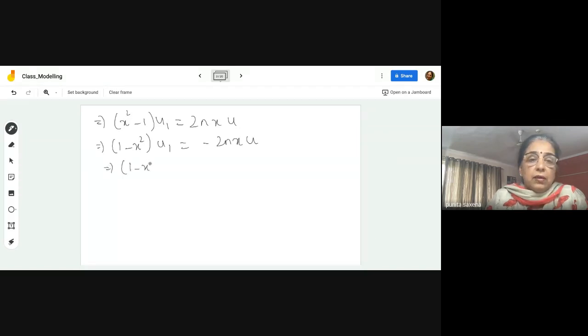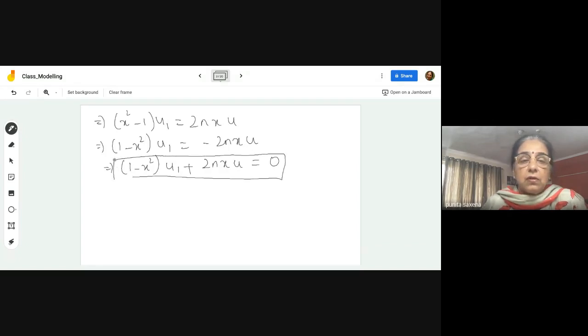Or (1 minus x squared) u1 plus 2nxu is equal to 0. I've not done anything great, just adjusted the terms. Now, in this equation, I have u and u1 here. Now we'll compute the n plus 1th derivative.